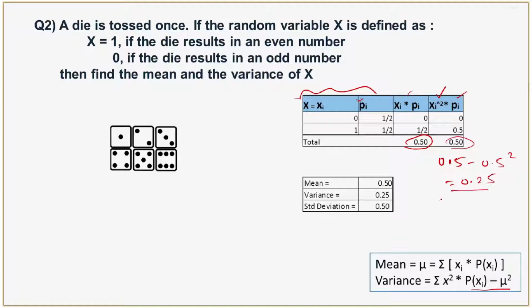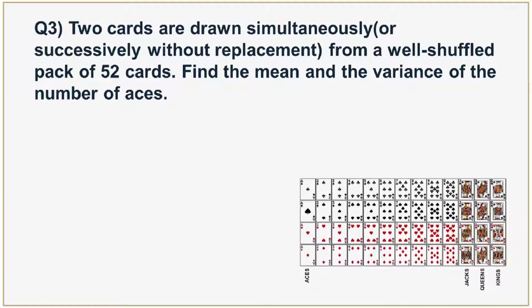This will be the variance or sigma square for you. Okay, you take the square root of variance, that is square root of 0.25, and you get the value of sigma, which will be the standard deviation.